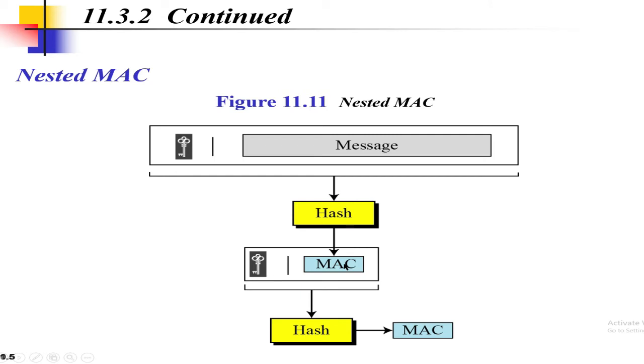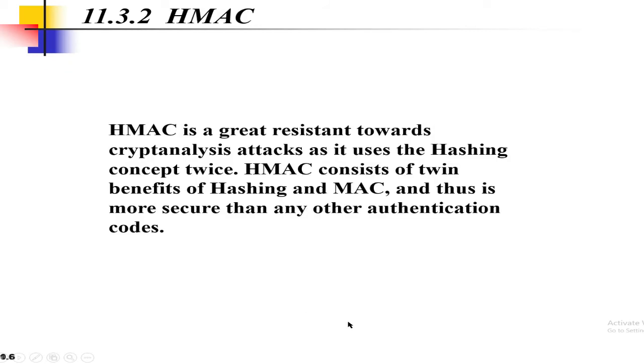In the second step, again the key is concatenated with the intermediate message authentication code, and the whole is passed through the hash algorithm. The output is the final message authentication code. This is called nested message authentication code because hashing is done in two steps.